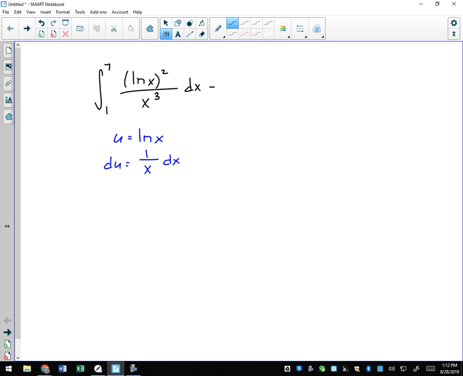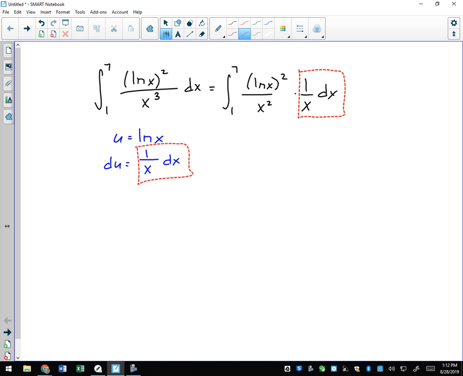There are just also extra x's down there, so I'm going to rewrite the problem as the integral from 1 to 7 of the natural log of x squared over x squared, and I'm going to pull out one of those x's to serve as my du. So now that I see my du in the problem, I can proceed with u substitution, plugging u in for the natural log of x, and du will replace the 1 over x dx.